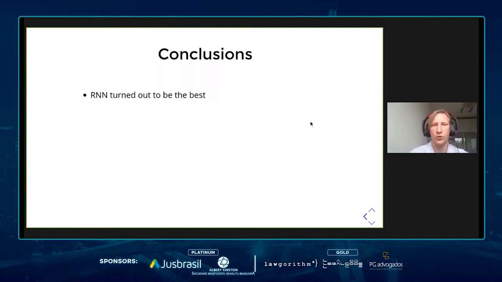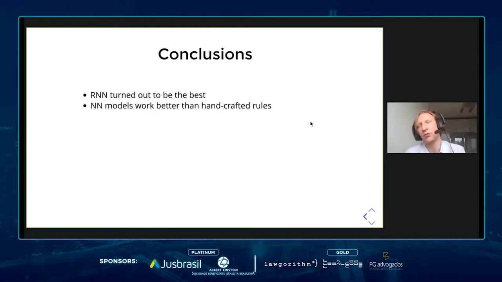So to conclude the presentation, the recurrent neural network turned out to be the best. The neural network models work better than the handcrafted rules, which is kind of obvious. But what is crucial here is the pre-processing. As you have seen, if no special pre-processing was applied to the documents, the results would be much worse.